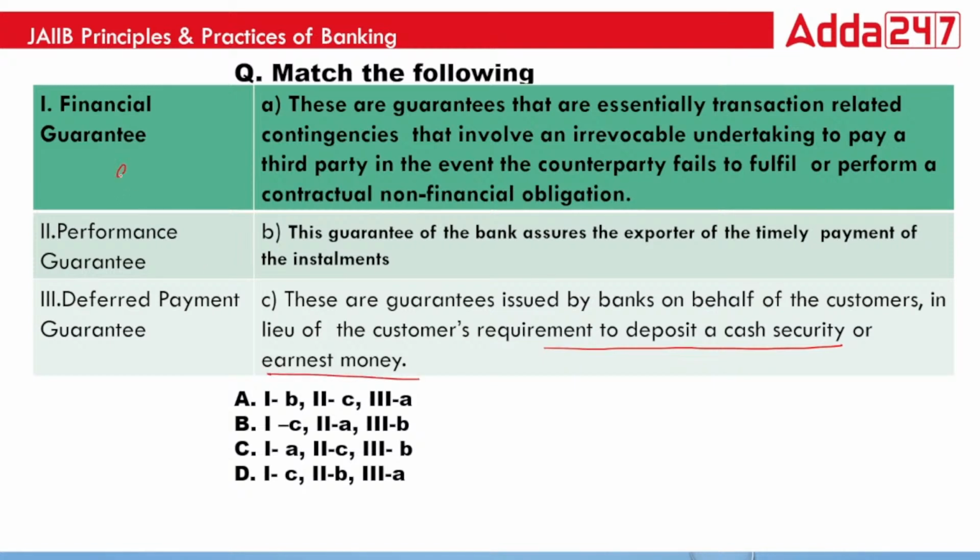So this is C. So 1C. Performance guarantee is a transaction related contingency that involves an irrevocable undertaking to pay a third party in the event the counterparty fails to fulfill or perform a contractual non-financial obligation. This is A. And deferred payment, we pay in installments. So this is B. So 1C, 2A and 3B. The right answer is B.